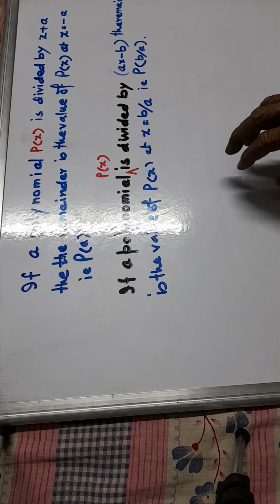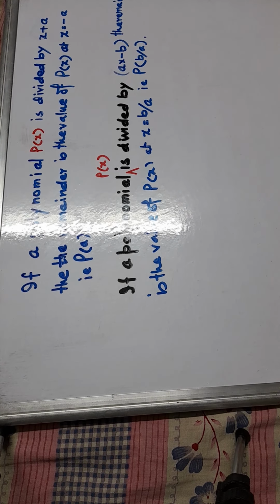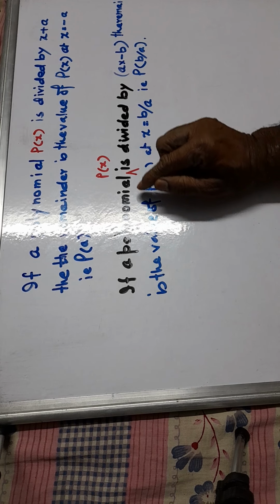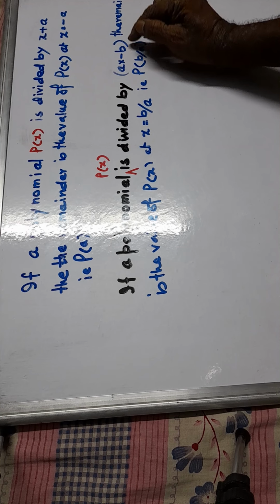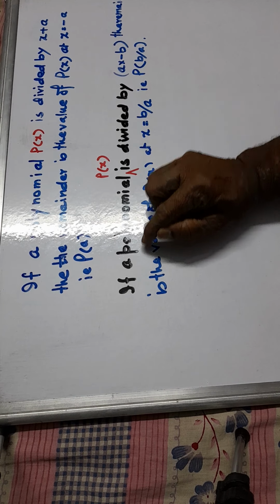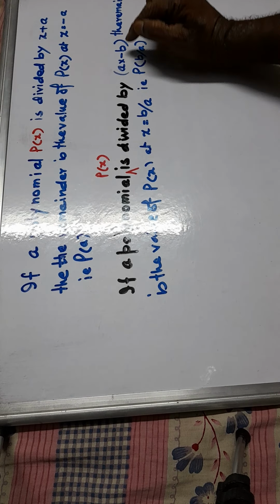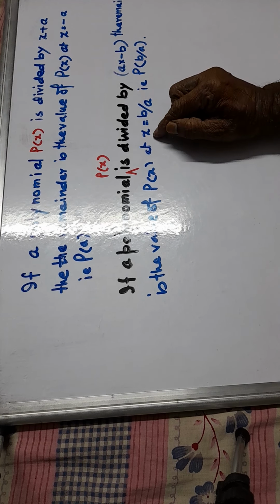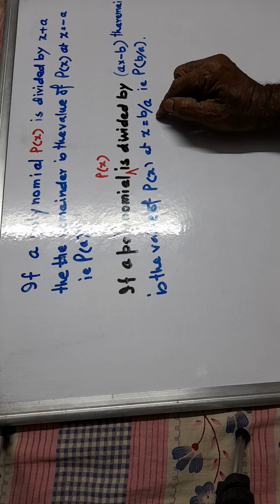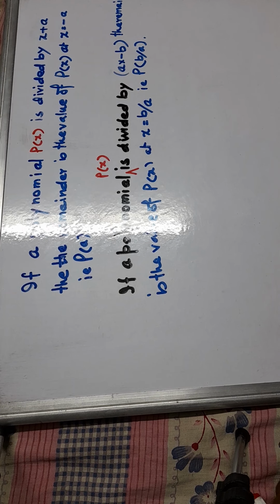In another condition, if a polynomial p(x) is divided by ax minus b, then the remainder is the value of p(x) at x equals b by a.